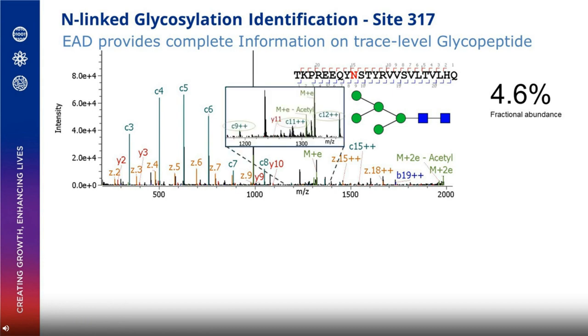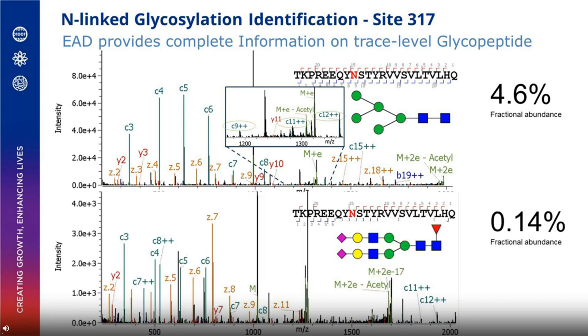The location of the 317 glycan site can be determined by C series ions, C10, C11 and C12. All the C ions can be detected for the G-5 glycan modification.